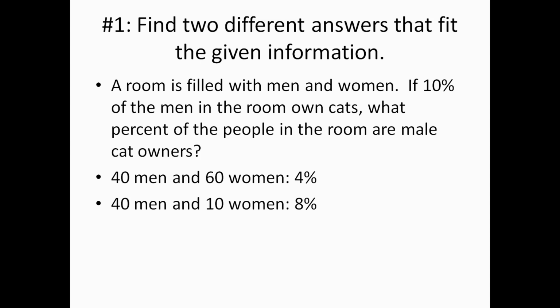Or it could be that there are 40 men and 10 women, in which case again we have 4 male cat owners, but now it's out of 50 people. So 4 out of 50 is 8%. So we have 2 different situations that fit the given information, but that provide 2 different answers to the question. So we know for sure now that the data are insufficient to answer that question.